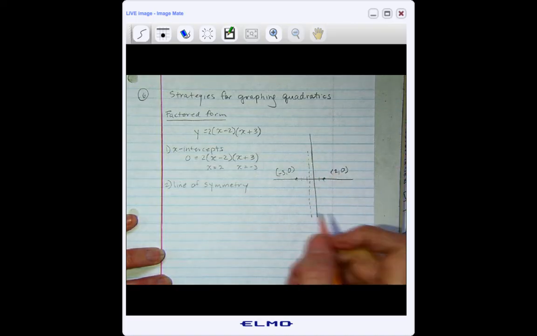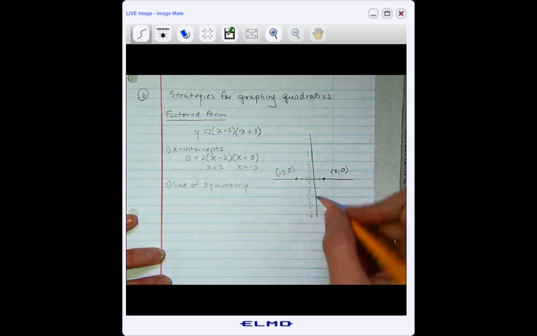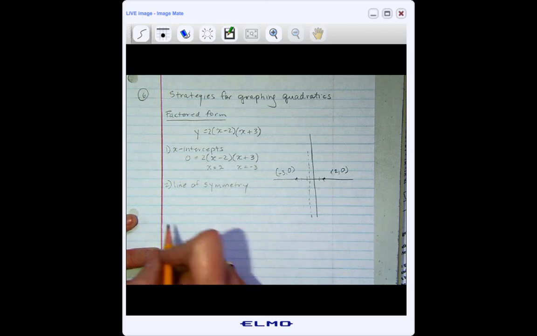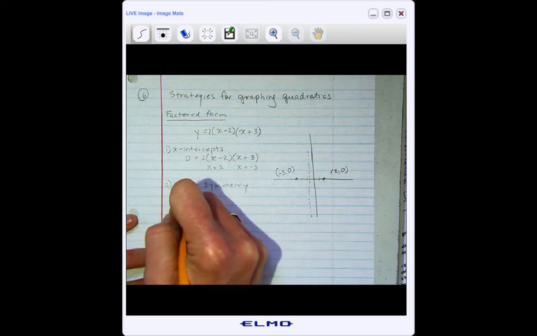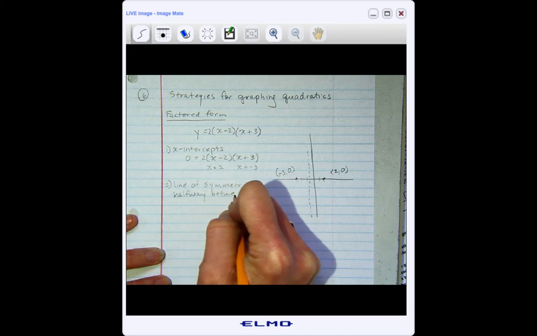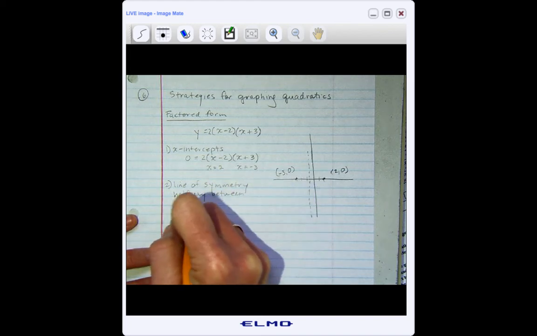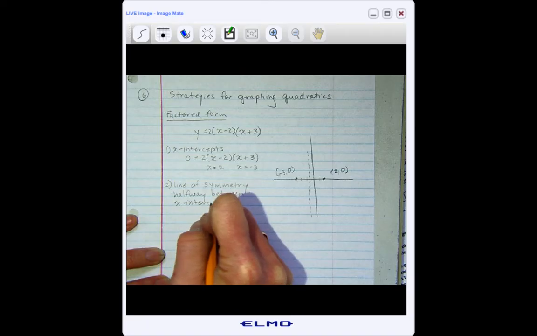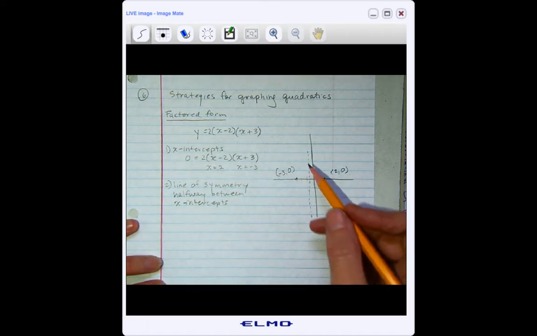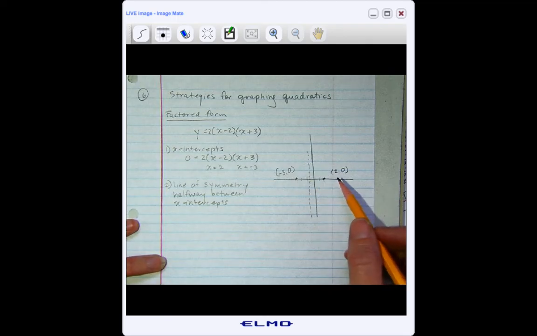Okay, so if I go ahead and draw the line at halfway between my x-intercepts, that's going to help me get this set up and have some symmetry, but it's also going to help me find the vertex.